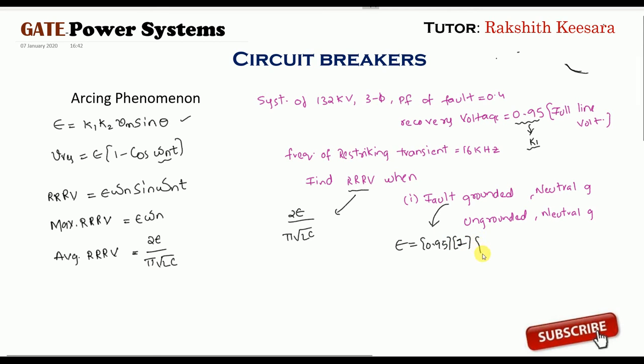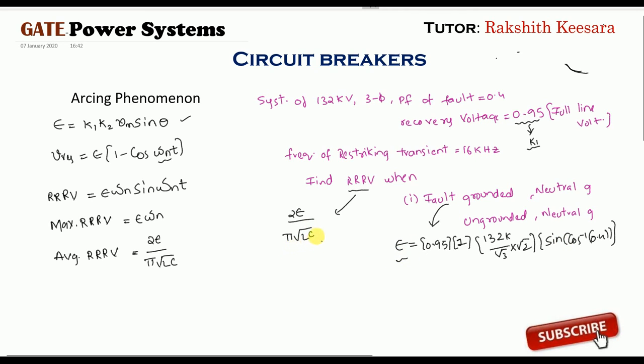What will be the value of Vm? 132 kilo by root 3 into root 2. And what is the value of sin theta? Sin of cos inverse 0.4, because cos theta is given as 0.4. I will find the theta from this and I will substitute in sin theta. This is the value of E.